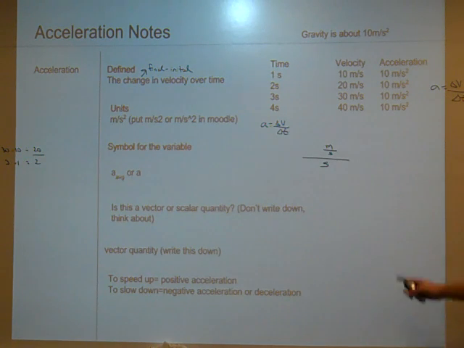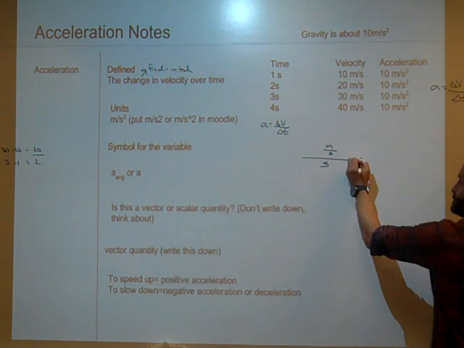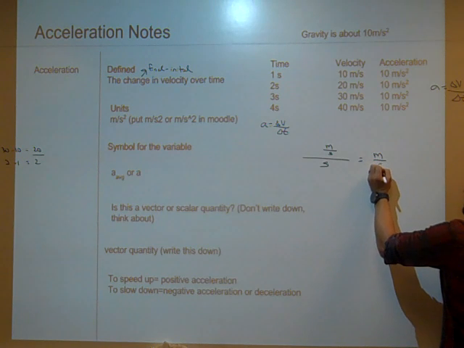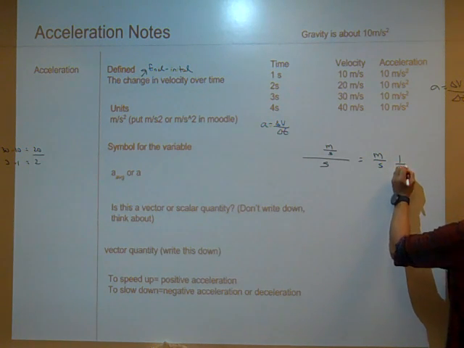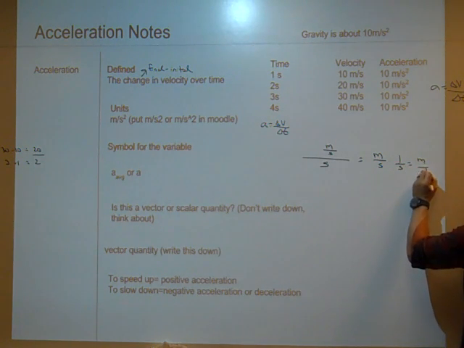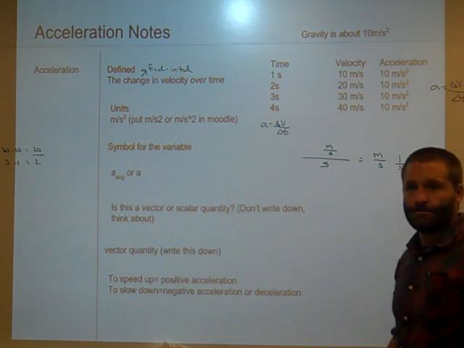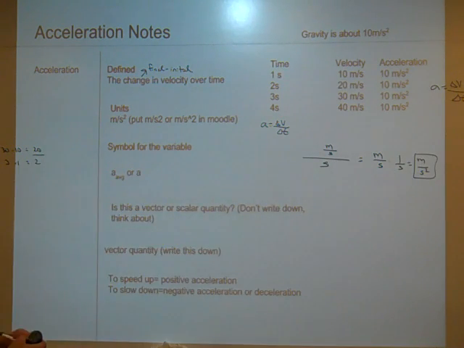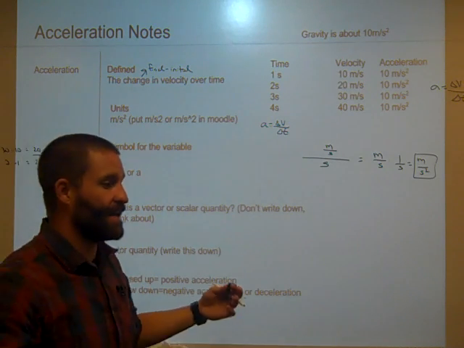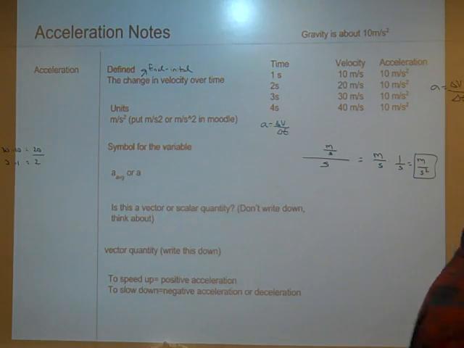When you solve that algebraically, it's the same thing as meters per second times 1 over seconds. That is why my units for acceleration are what they are: after every second, the velocity changes, either positive or negative.